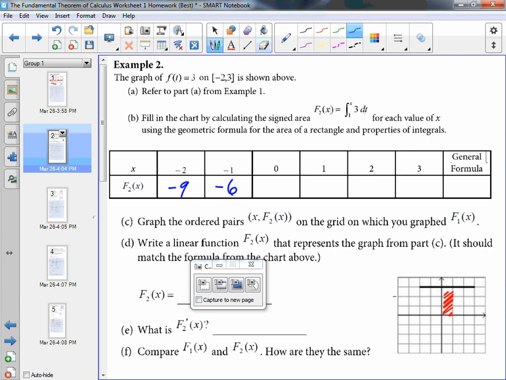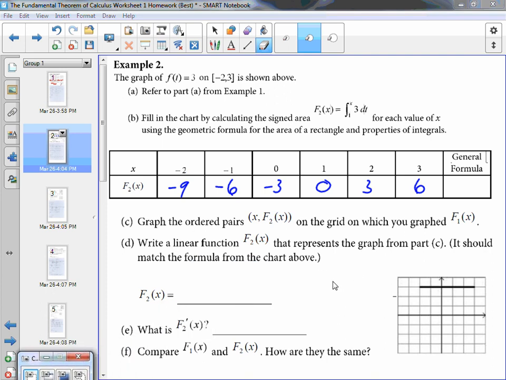But the area we want, since it's the integral from 1 to 0, is -3. And then x equals 1. That's what that looks like. There is no area. And then x equals 2. So now we're talking about that right there, +3. And it's the integral from 1 to 2 now, so we don't have to do any negative stuff, do we? And then 6. Okay?